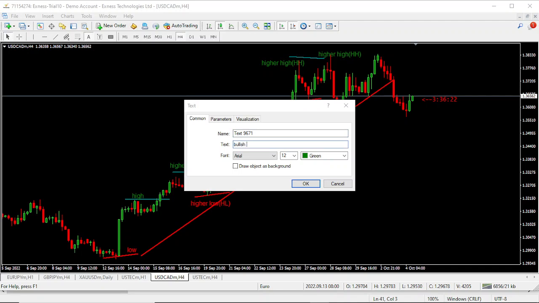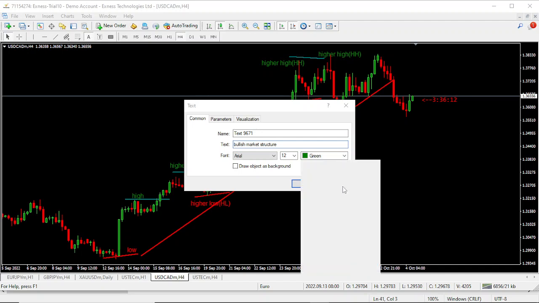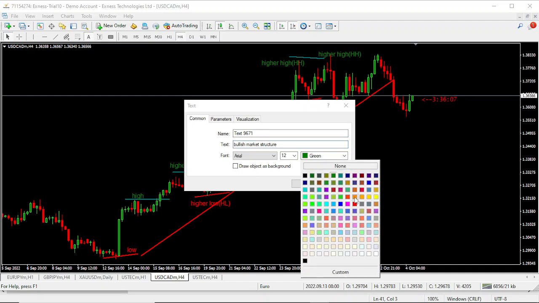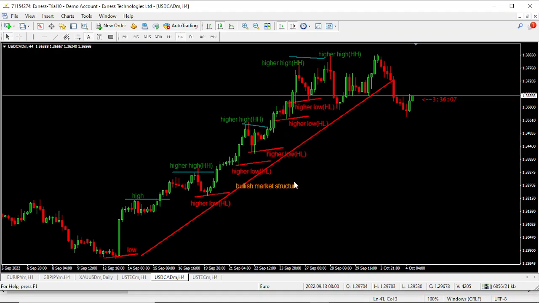That's what you are looking at over here. The reason it's a bullish market structure is because it keeps on making higher highs and higher lows. Higher highs, higher lows, higher highs, higher lows.